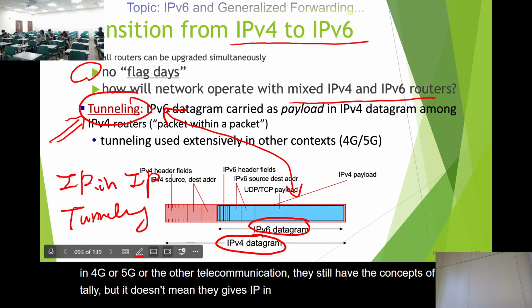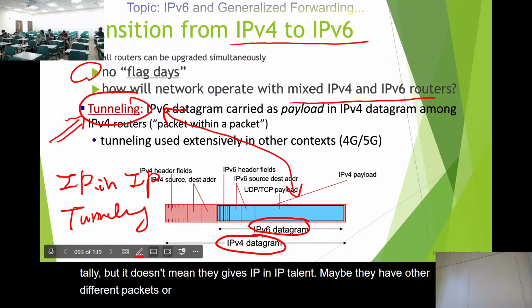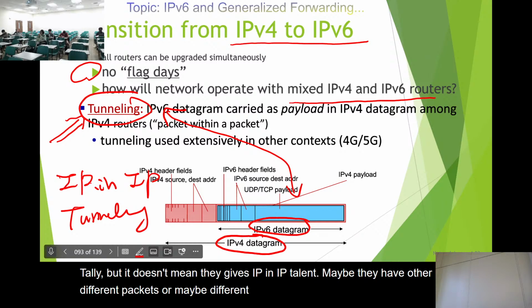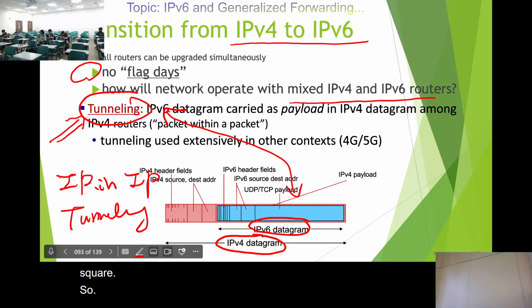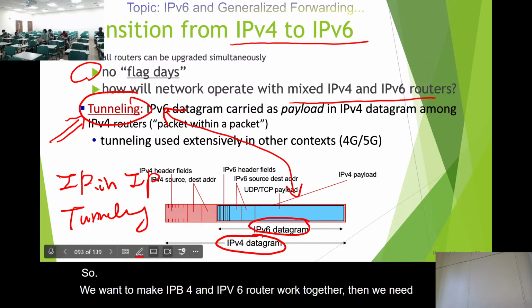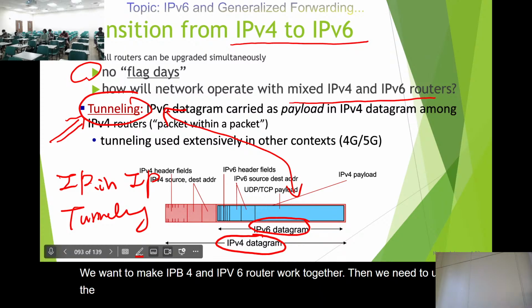Maybe they have different packets or different datagrams, and they will have tunneling as well. So we want to make IPv4 and IPv6 routers work together. Then we need to use the technique of tunneling.